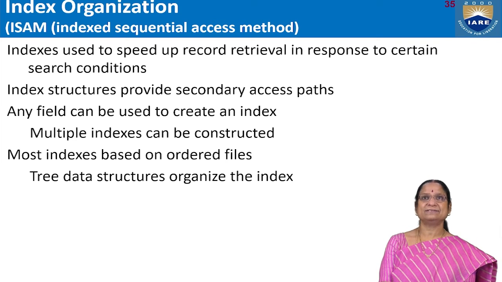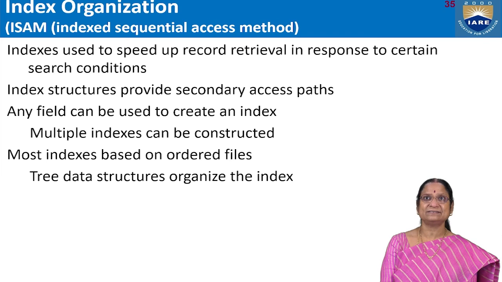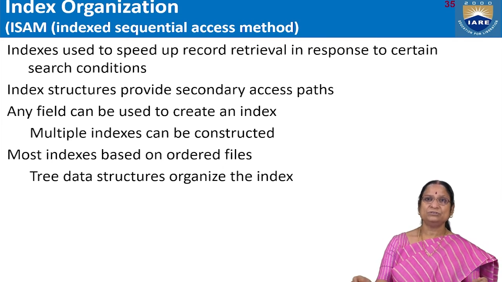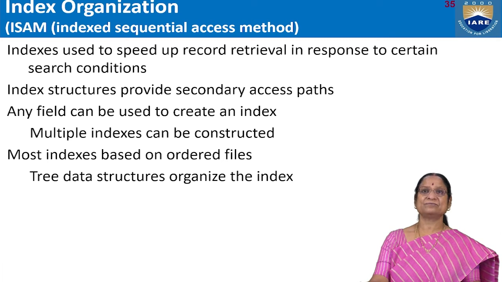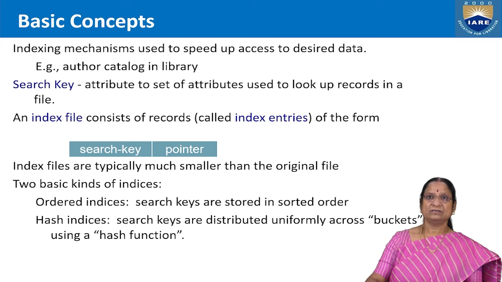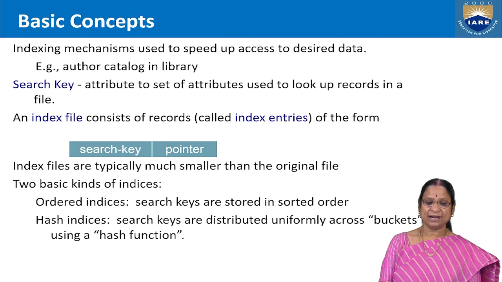Another kind of file organization is ISAM. ISAM stands for Indexed Sequential Access Method. When a file is stored by using index file organization, ISAM is needed. An index file is created for our main file, which consists of two attributes: the search key and the address of the record, that is, a search key and a pointer.